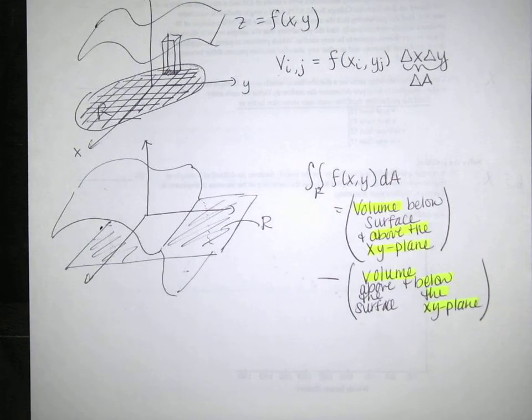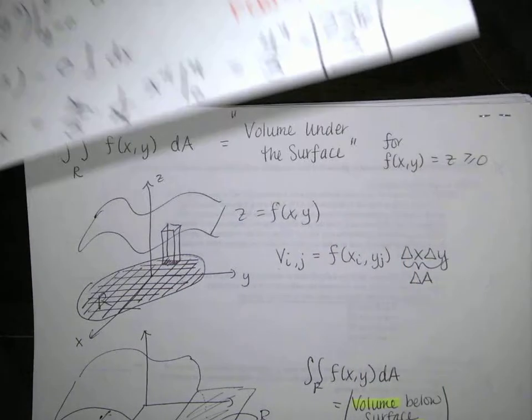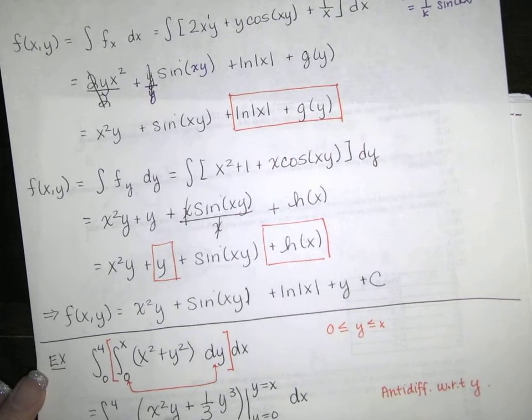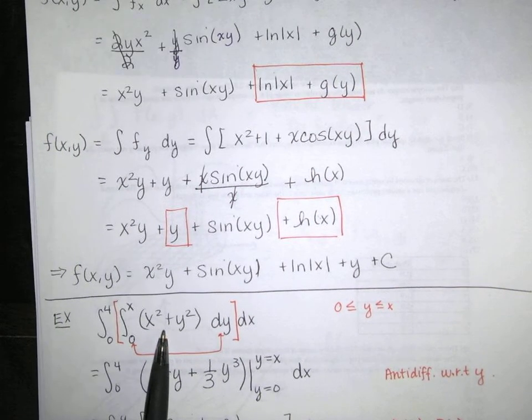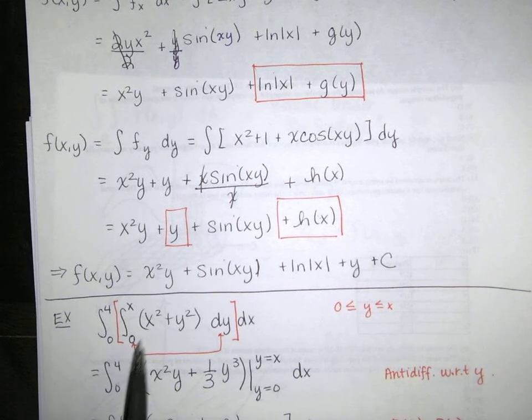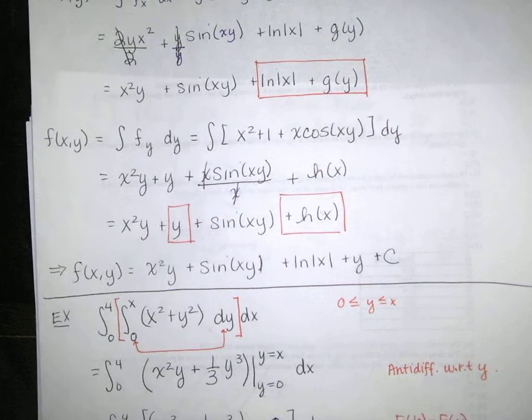Okay, so that means that this actually represented a volume under a particular surface. That's z equals x squared plus y squared, that's our elliptic paraboloid, over a particular region in the xy plane. So these bounds describe a region.